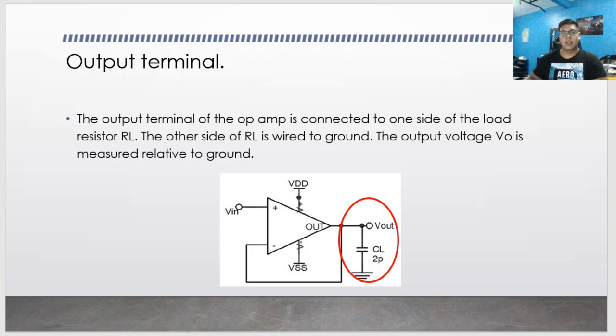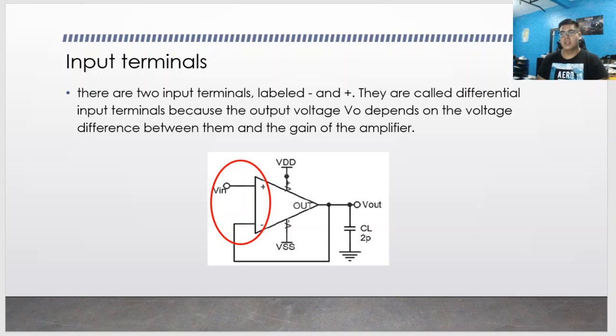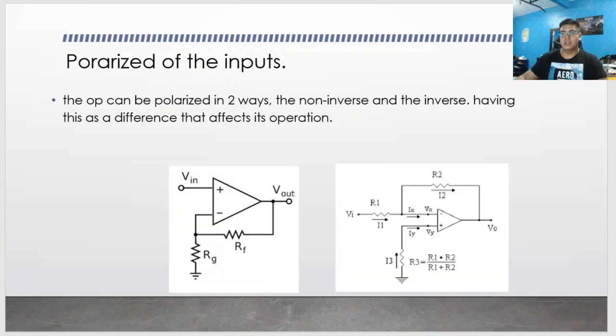The OpAmp has two input terminals. With these inputs, we have two forms of connection that we will see in the next slides, and the polarization of the inputs.